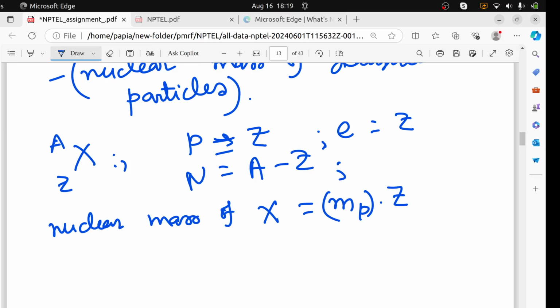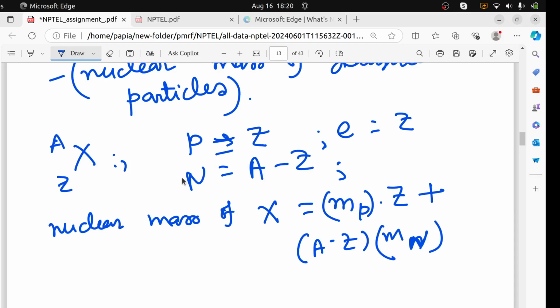Is it fine? Okay. Plus A minus Z into Mn. Why? Because the number of neutrons is A minus Z, and each neutron has mass Mn. So these will be the nuclear mass of X.